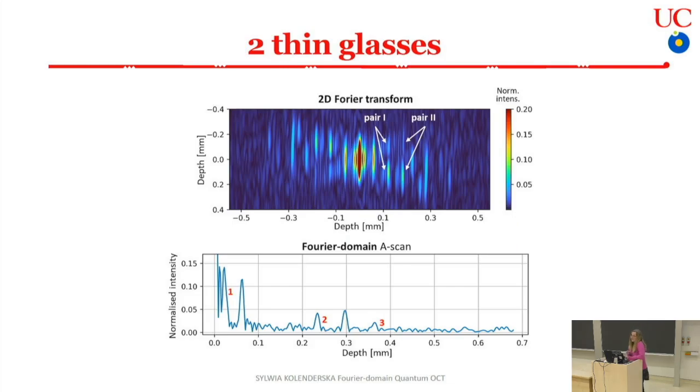Let's look at a more complicated object then, two thin glasses. The two-dimensional Fourier transform is very hard to interpret. Still, you can see some elements. The Fourier-domain A-scan, well, after some detective work, you can identify the interfaces.